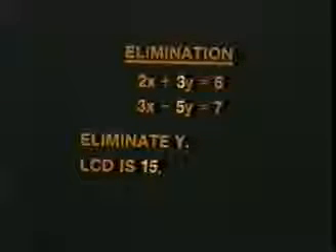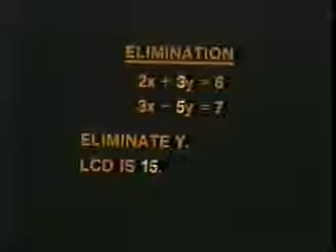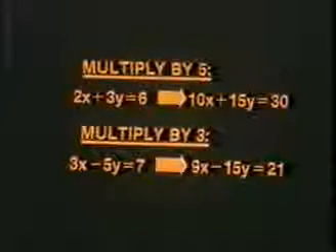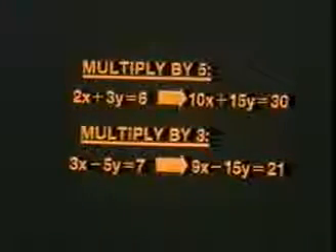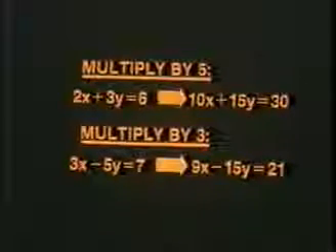This time we'll eliminate y to find x. The lowest common denominator of 3 and 5 is 15. To make both of the y coefficients equal 15, we multiply the whole first equation by 5, and we multiply the whole second equation by 3.